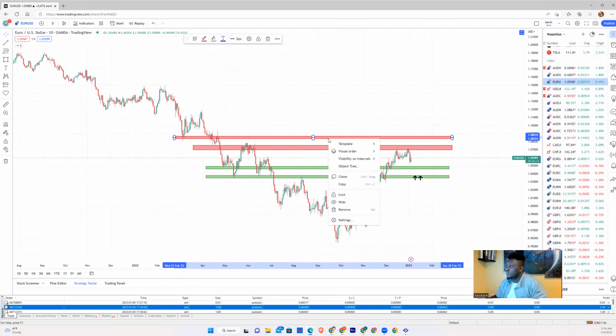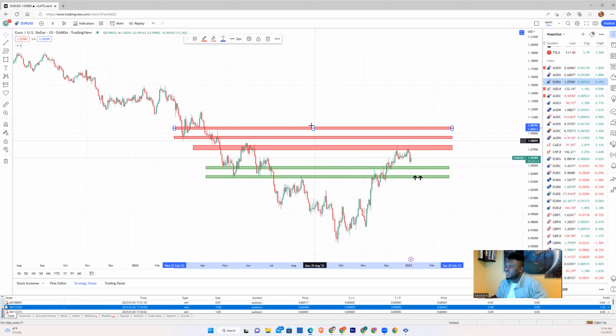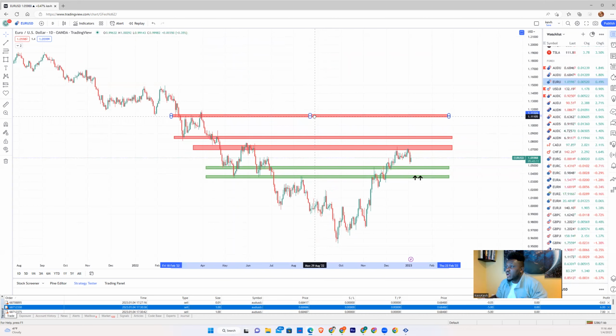I can clone this as well, just to give you the next area up here. Okay, beautiful place. You can see the doji right there. So I like that area as well. Start to expand that to cover all the bases.